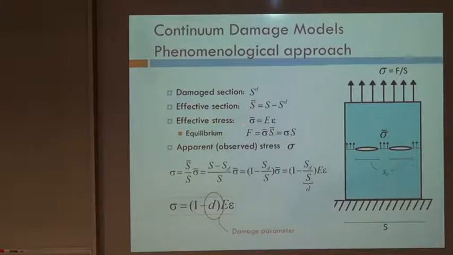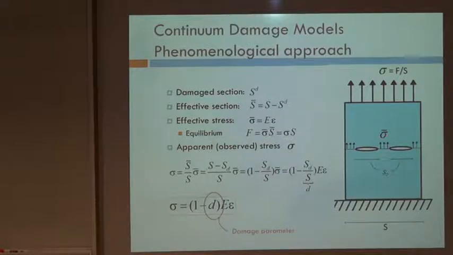So we have this equation, which is equilibrium, from which we can obtain the apparent stress that we observe in the experiment. In the experiment, we imagine that we don't have any means to see what is happening inside. Whenever we apply a force, we just obtain exteriorly a stress, which is that one. We don't have any access to this one.